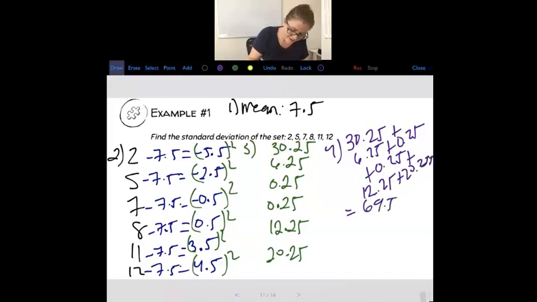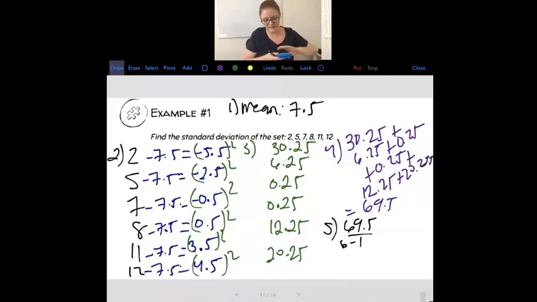In step 5, we divide by the total number of data values minus 1. So in this case, 69.5 divided by 6 minus 1, or just 5, and we come out with a long decimal. So you can leave that number stored in your calculator.